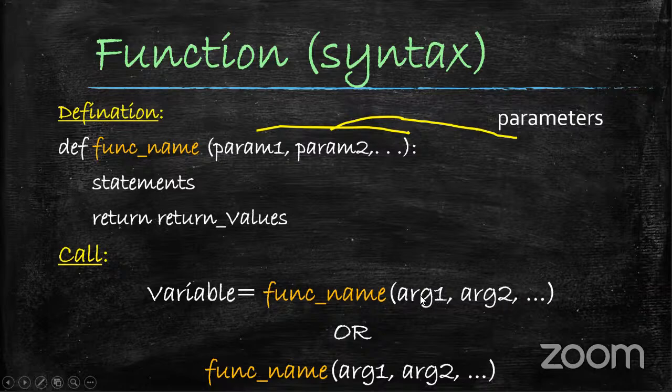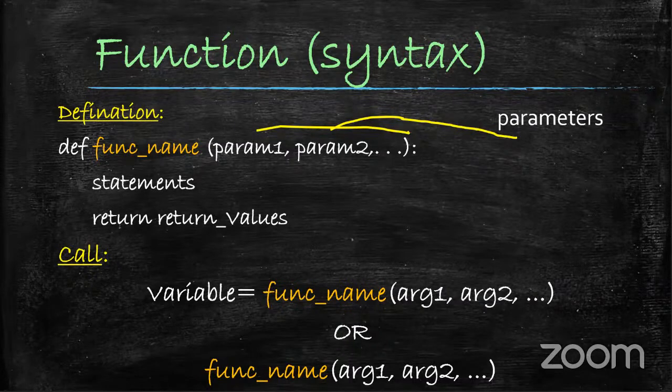Argument 1 will go to parameter 1, argument 2 will go to parameter 2, so corresponding arguments will go to corresponding parameters. Is it clear? Yes. And once this function is executed, the return value will be given to the variable. That is clear?